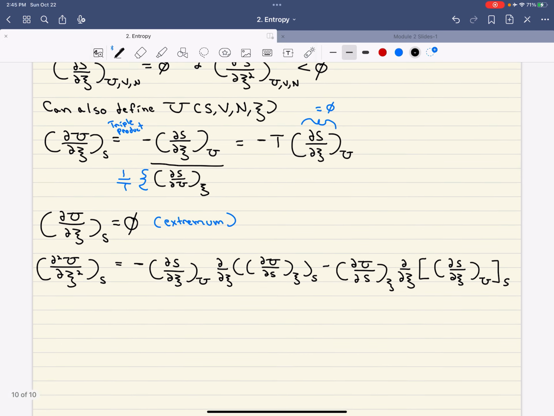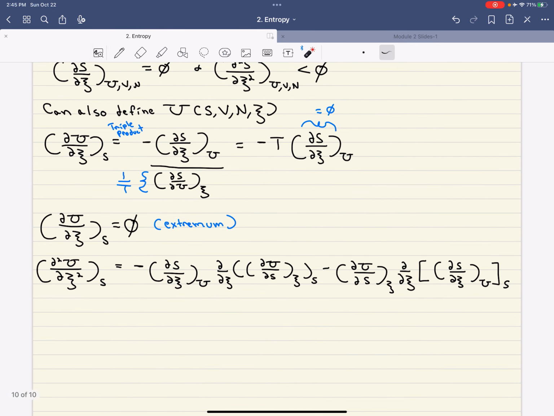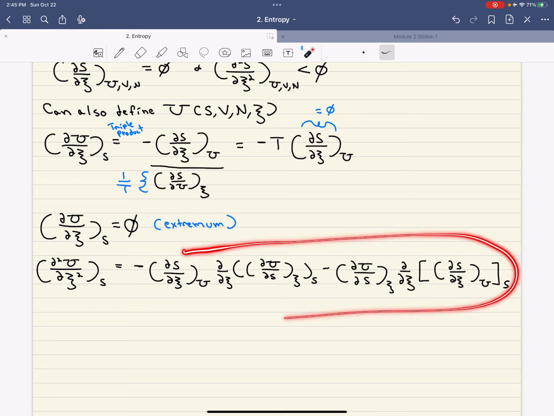Just to clarify what I'm doing, imagine that I flip this up, and so this derivative was just the product of dS/dpsi times dU/dpsi. When I take the second derivative, I take the derivative of that product with respect to psi, so I need to perform the product rule here.